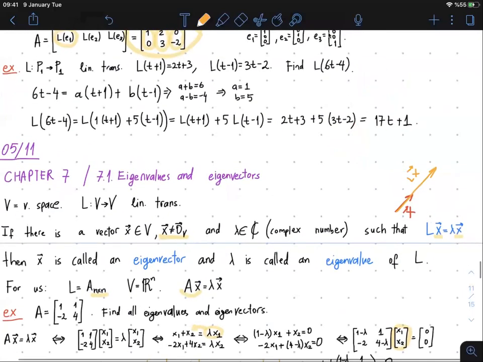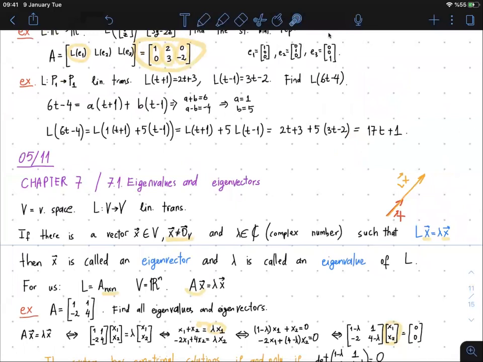So we will basically be concerned with linear operators which are basically matrices, okay? So this is sufficient for our treatment.